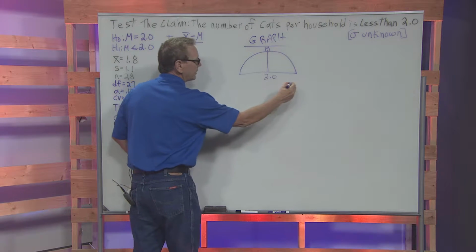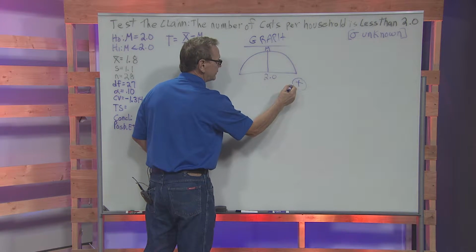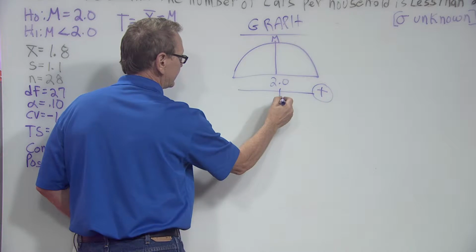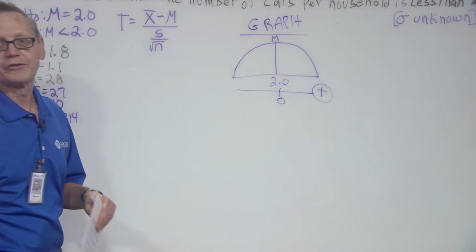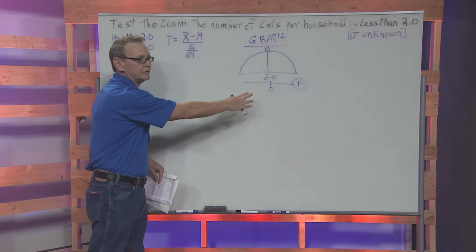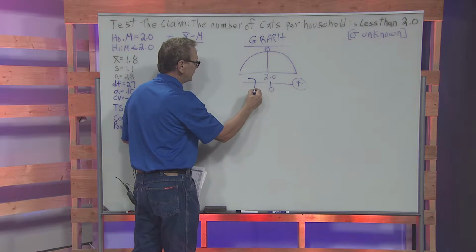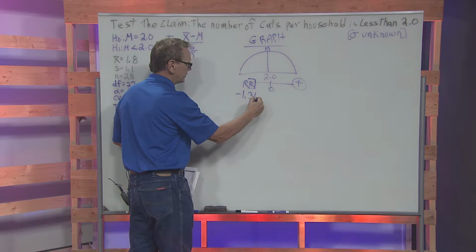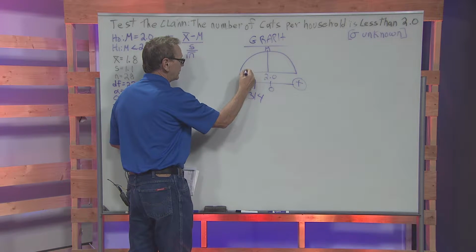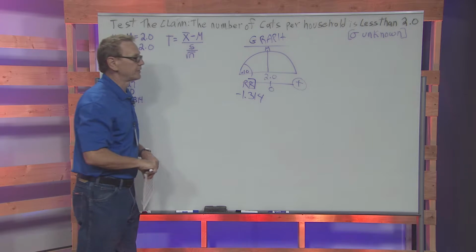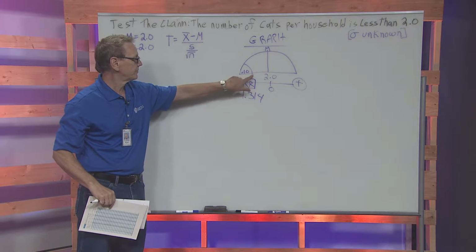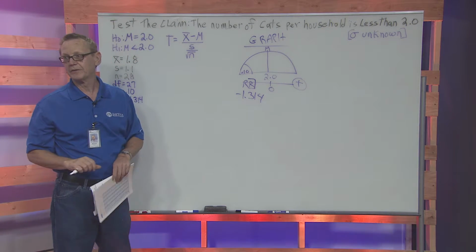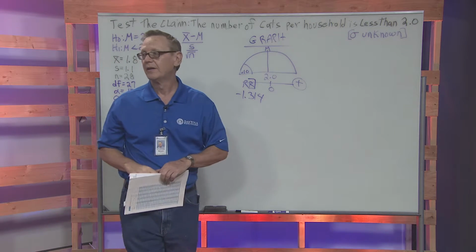We typically label the line. This is a t-distribution. That's a t-line. It's similar to a z-line. 0 is in the middle, and then we set up the rejection region. The alpha goes in the left tail in this case, and our critical value is negative 1.34.